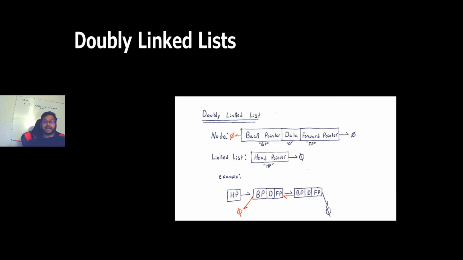Now for the second node, the back pointer points to the first node because 2 comes after 1. And then the forward pointer points to null again because that's the last element. So now you can traverse forward and backward in this doubly linked list.